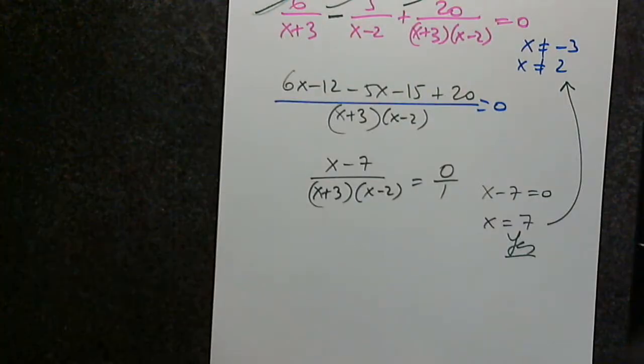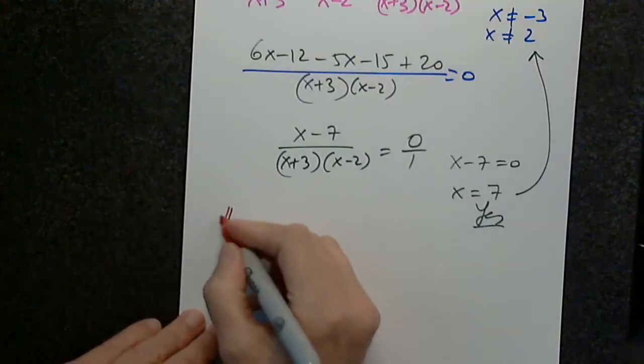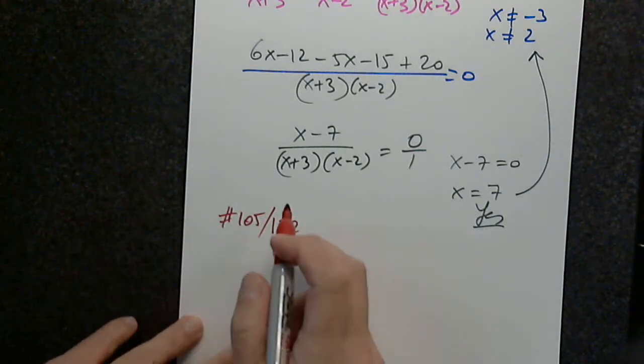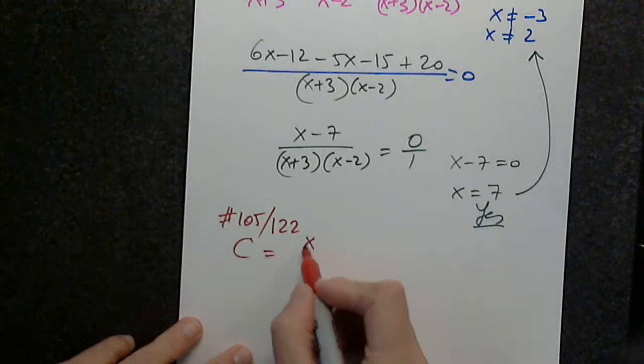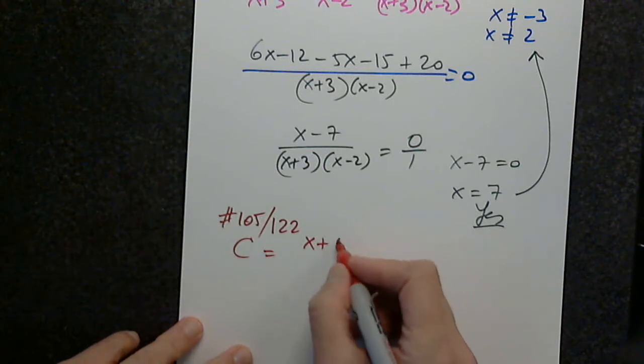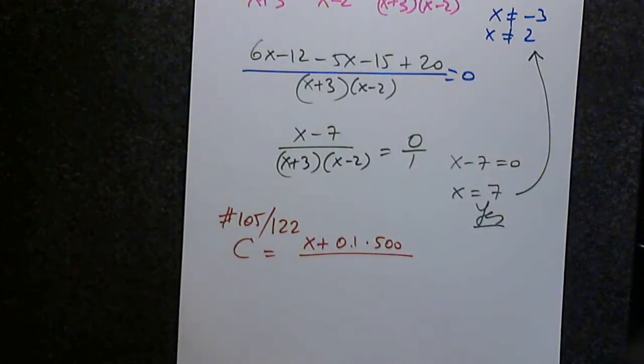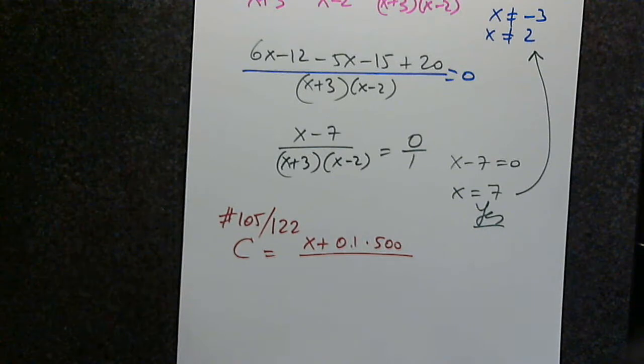So let's copy that. So we're looking at problem 105, that's page 122. And this is C equals x plus 0.1 times 500 over x plus 500.